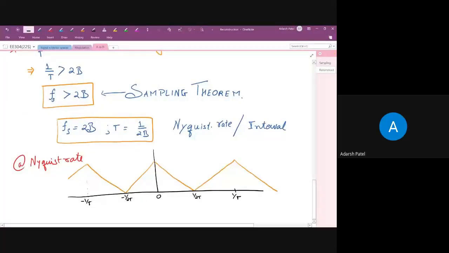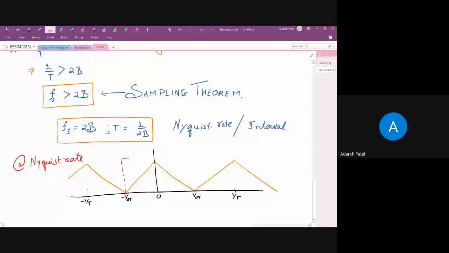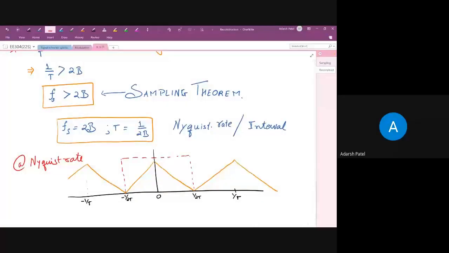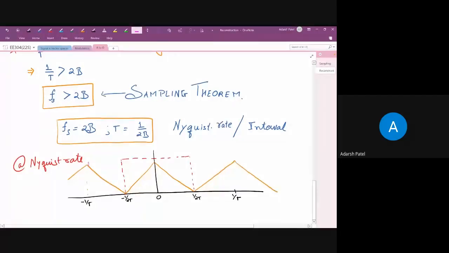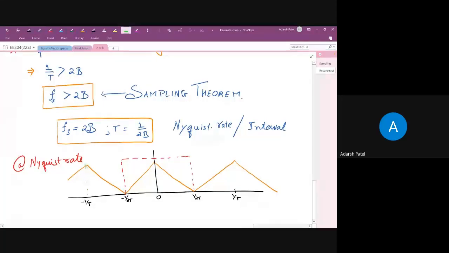And the equivalent low pass filter would be exactly the limiting case. I will now use the same color to indicate what was. Let me change the color to green.